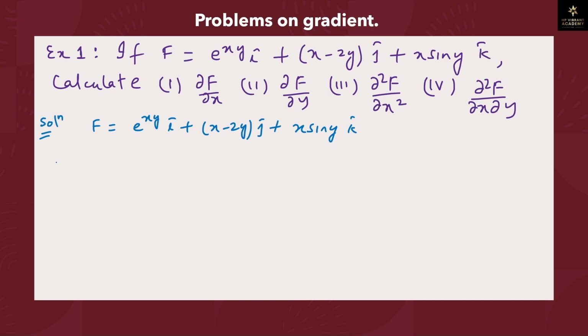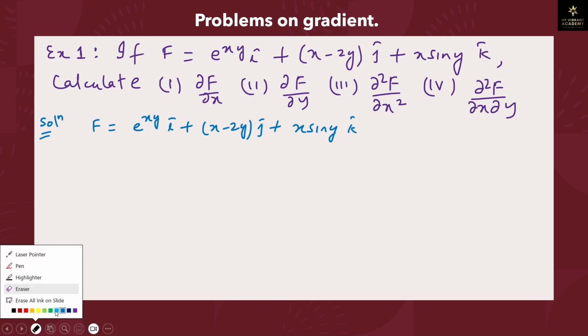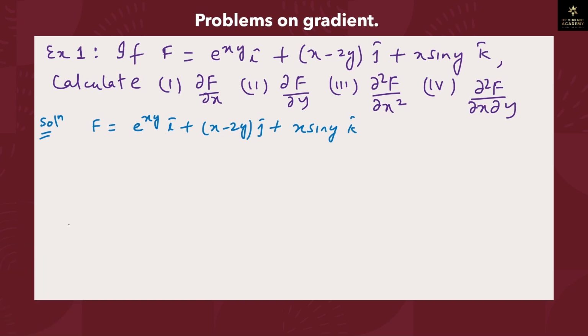Partial derivative is just like an ordinary derivative. Suppose we have a function f which is dependent on the variables x, y, and z. Suppose we want to find del f upon del x. We differentiate f with respect to x, keeping y and z as constant.